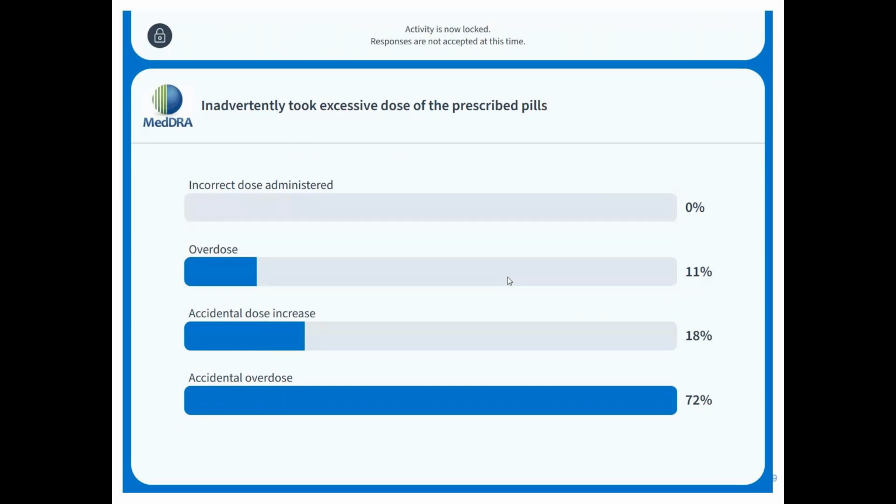So most of you got it right here again. The correct code assignment would be accidental overdose based on the concept description. So always consult the concept descriptions when you're not sure how to distinguish related concepts like overdose or increased dose, etc.